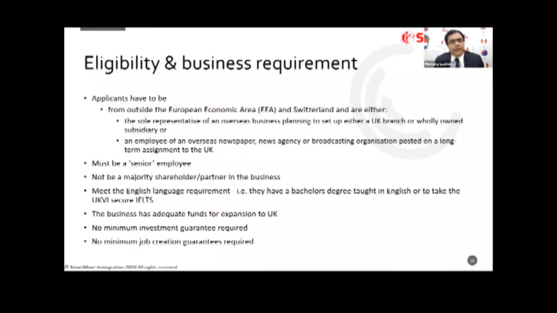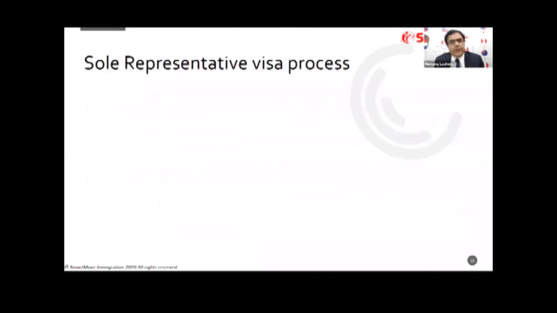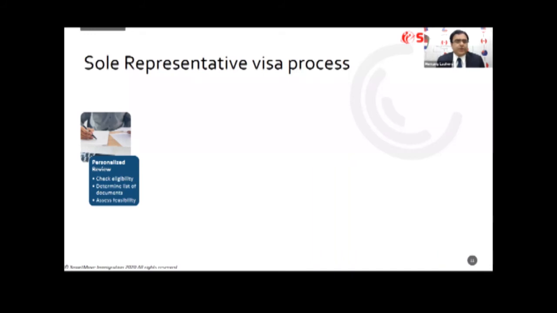Now, having looked at the requirements and understanding the key parts of it, it's just very useful to get an overview of the visa process as well. Now, the sole representative visa process starts off with the personalized review. So this is where we discuss your case with you, we check your eligibility, we determine what is the paperwork which is required for your customized case.